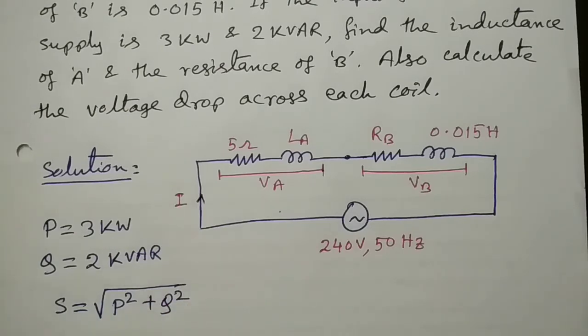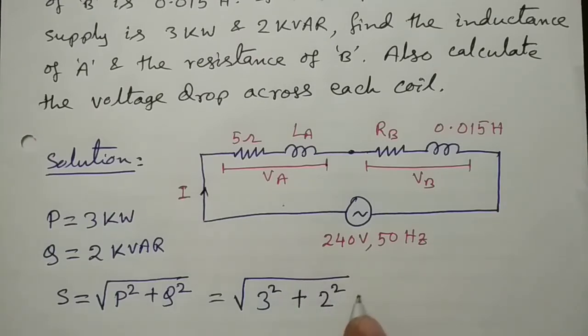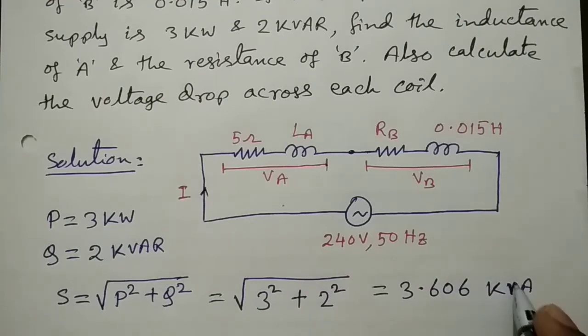This relation we have already discussed earlier. So here the value of P is 3, so it will be 3 square, and the Q is 2, so it will be 2 square. And after solving, the apparent power will be 3.606 kVA, that is kilovolt ampere.